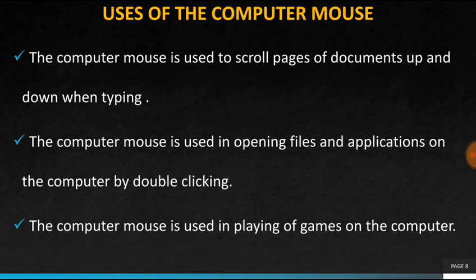It can be used to move the page where we are typing up and down. The next one, the computer mouse is used in opening files and applications on the computer by double clicking. So we can use the mouse to open and launch applications on the computer.